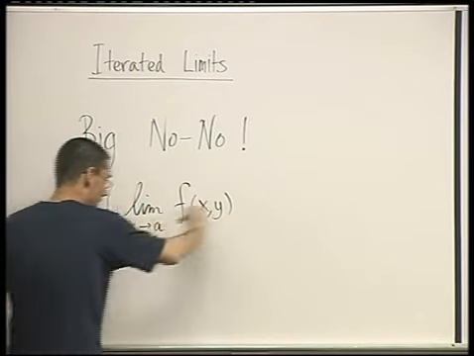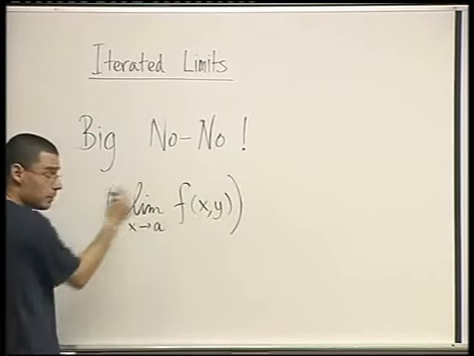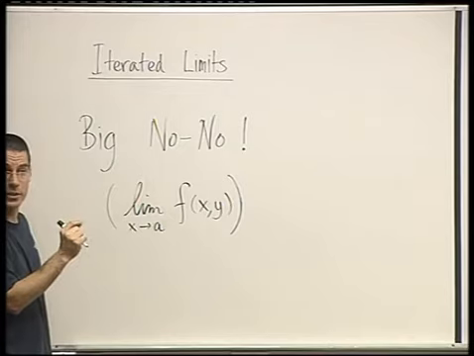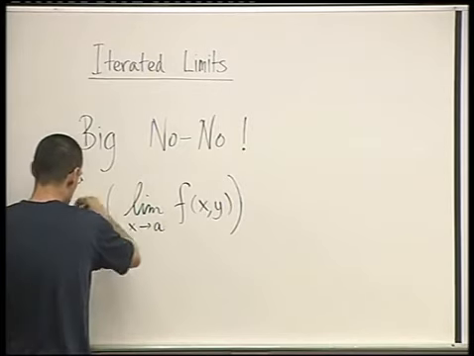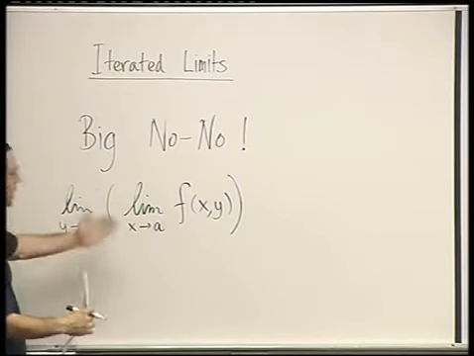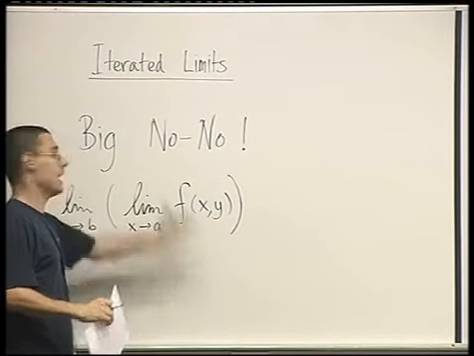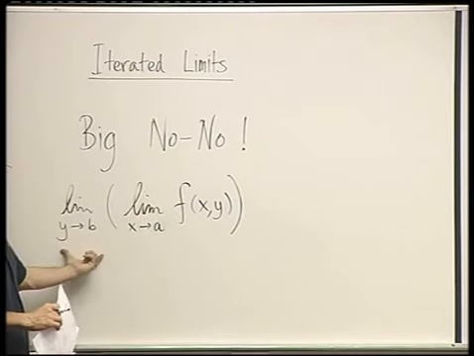Whatever we get is not going to have x's in it any longer. It's going to be that limit that we found, but it still has y as a parameter in it. Now take the limit as y goes to b. This is called an iterated limit. It's taking a one variable limit and then another one variable limit.